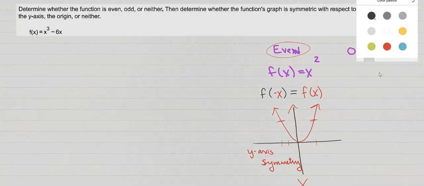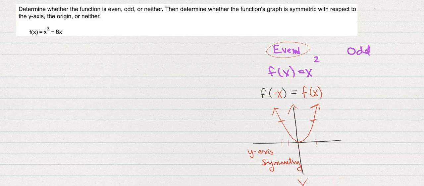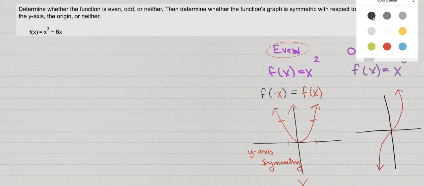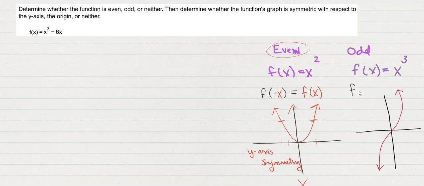We say a function is odd, and we could start by thinking of the most basic odd function, f of x equals x cubed. And what happens with f of x equals x cubed is that if I replace the x with the opposite of x, what I get back is, so if we let x equal 1, now instead try x equals -1, and what do I get back?